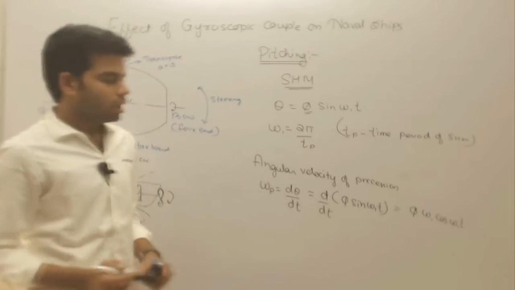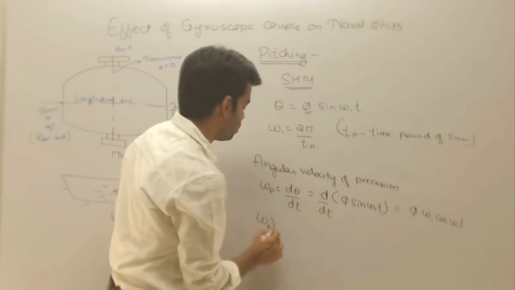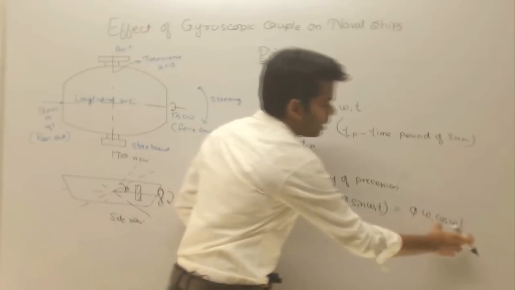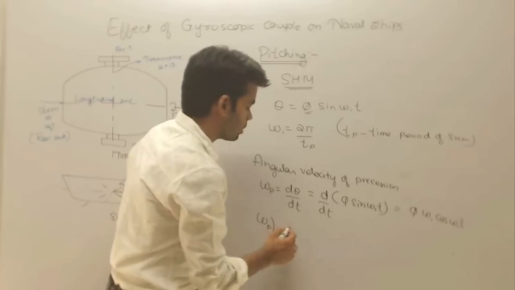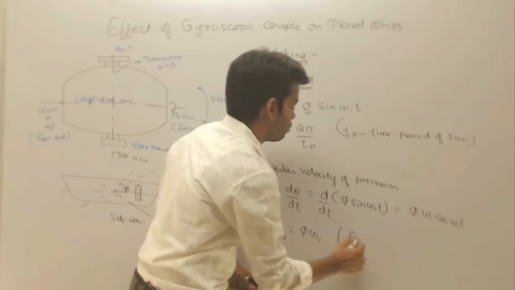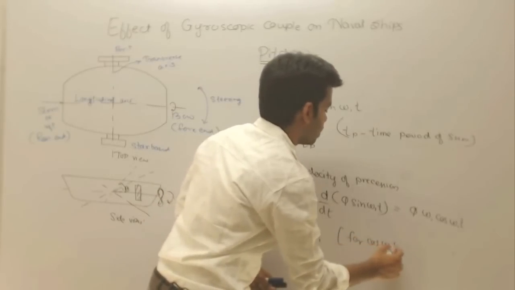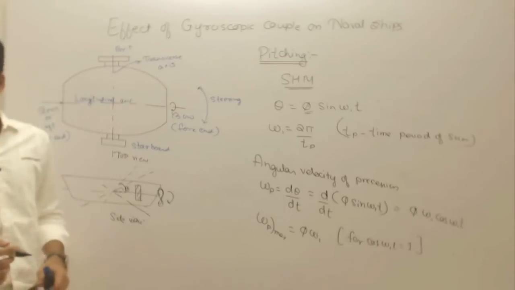Now, what will be the maximum value of this omega p? Omega p will be maximum when cos of omega 1 t is equal to 1. So omega p maximum will be equal to phi into omega 1. This is the maximum value of omega p.